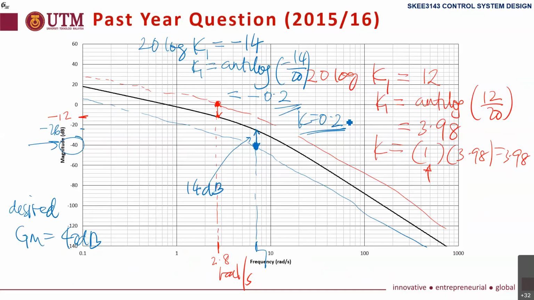I mean log K: when K is less than 1, the log of something less than 1 will give a negative value. Any question on this? This is actually a similar concept. First, designing phase margin. The second one, designing gain margin.